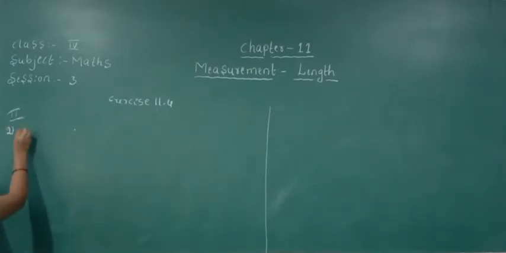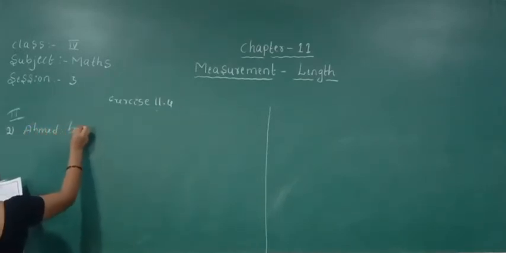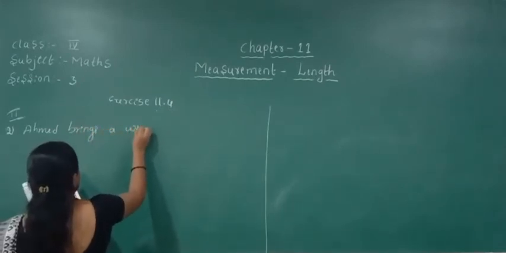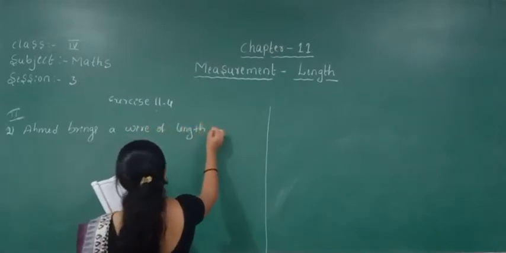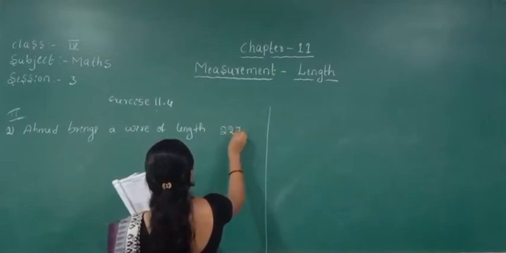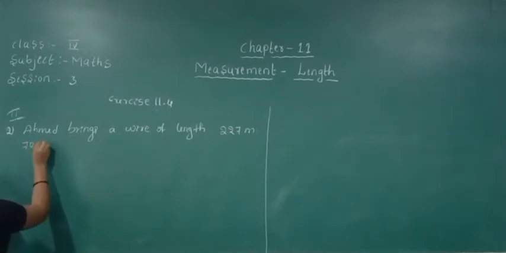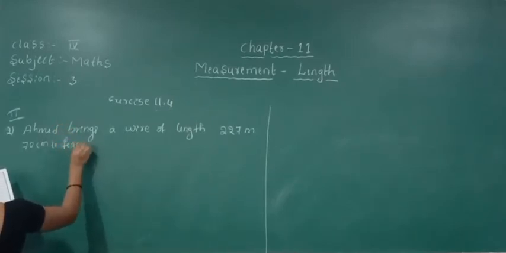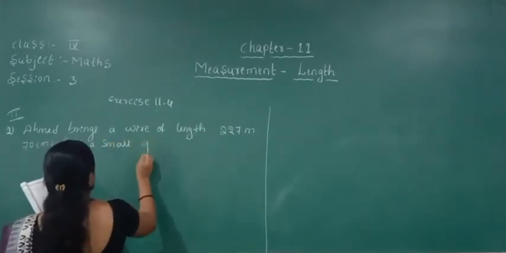Second one, Ahmad brings a wire of length 227 meter 70 centimeter to fence a small garden.